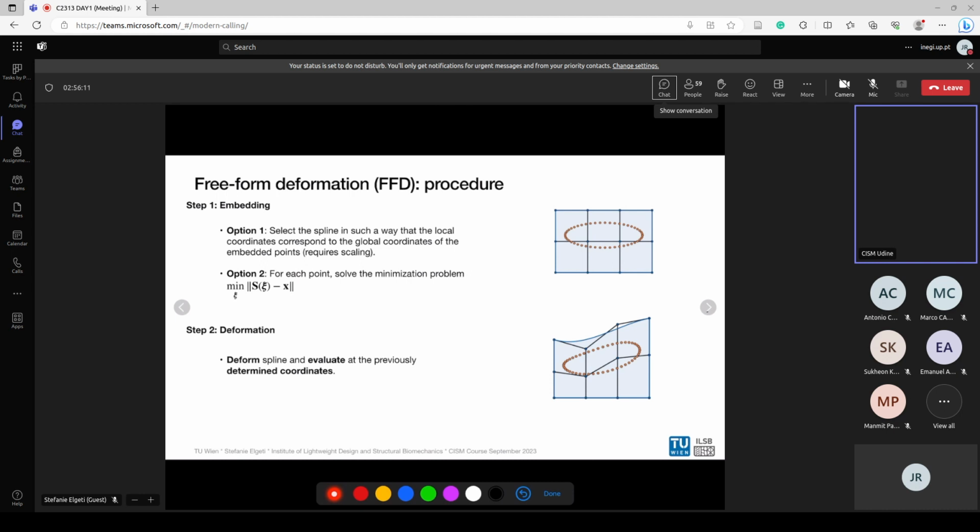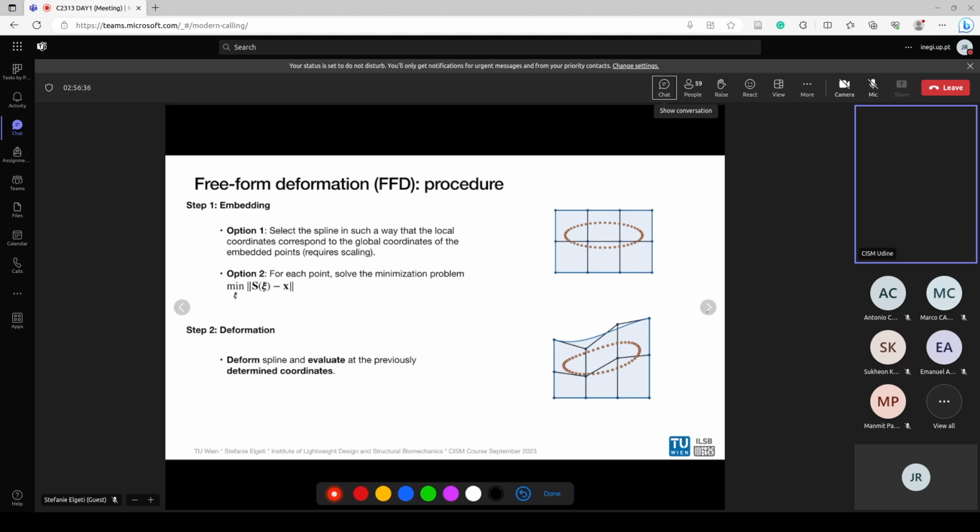So we want to connect the point cloud with the box spline. So one option would be that I select the spline in such a way that the local coordinates of the spline correspond exactly to the global coordinates of these embedded points. So whatever are their XY coordinates, those will be the local coordinates of my spline. This is very easy to generate.